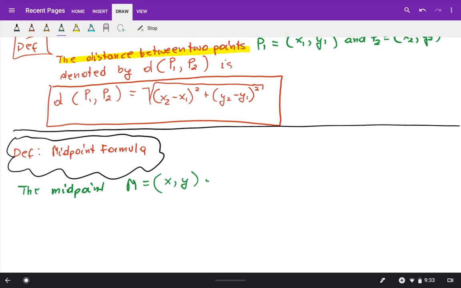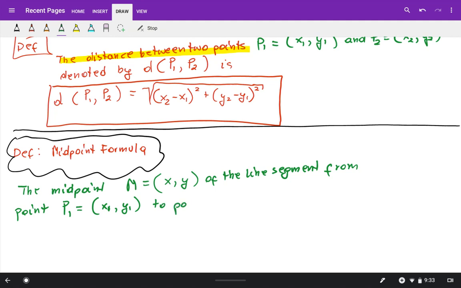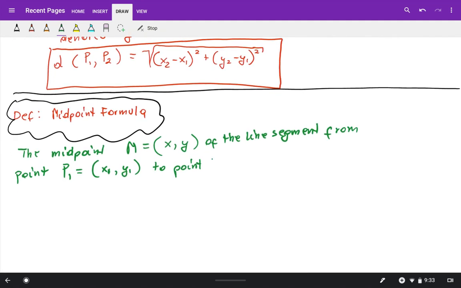of the line segment from point P1, which has coordinates x1, comma, y1, to point P2, which has coordinates x2, comma, y2, is, and this is the formula for a midpoint.